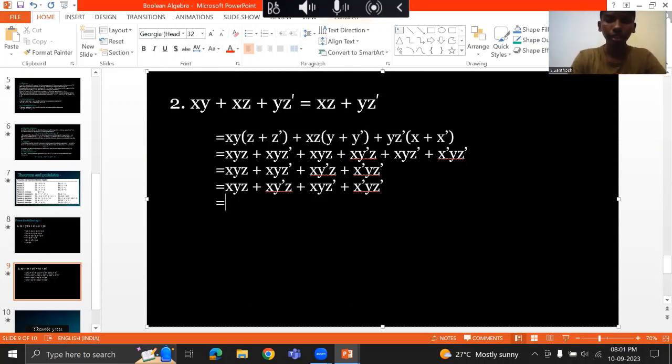Now we'll take out xz common over here. And over here we'll take out yz dash common.